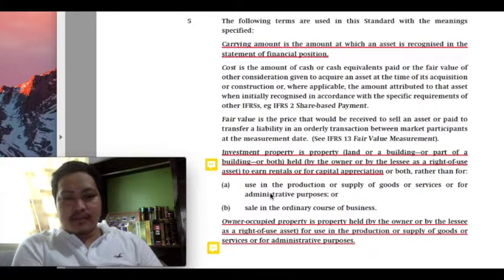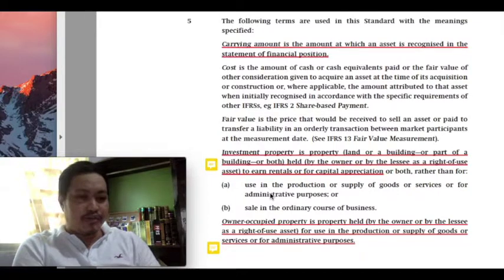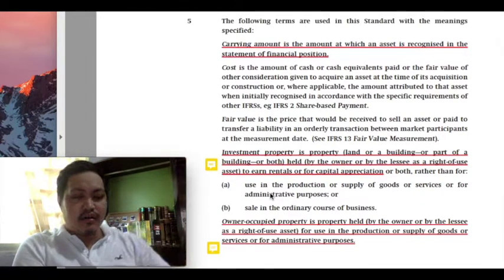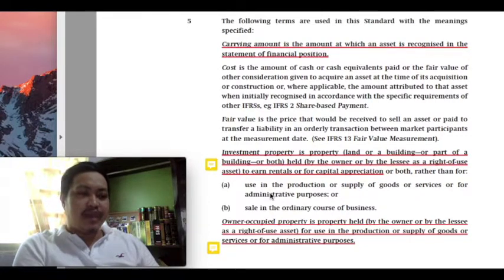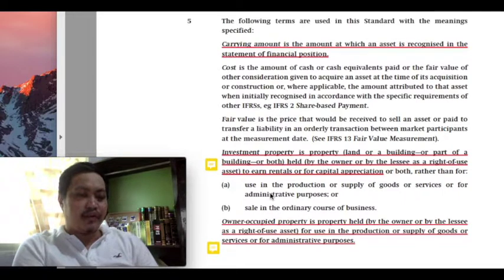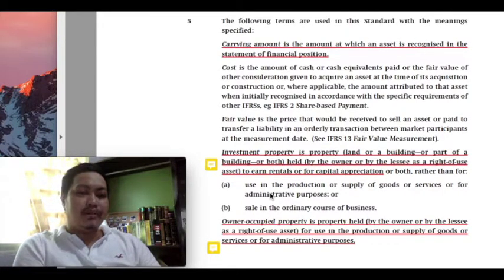In problems, class, even for theory multiple choice questions, it's a common theme that you would be asked to identify which of the following items is an owner-occupied property, which of the following items is an investment property. For problems, you will just be given an enumeration, class, a listing of assets, and you will just be asked to add items that are going to be considered as investment property, items that are going to be considered as owner-occupied property.